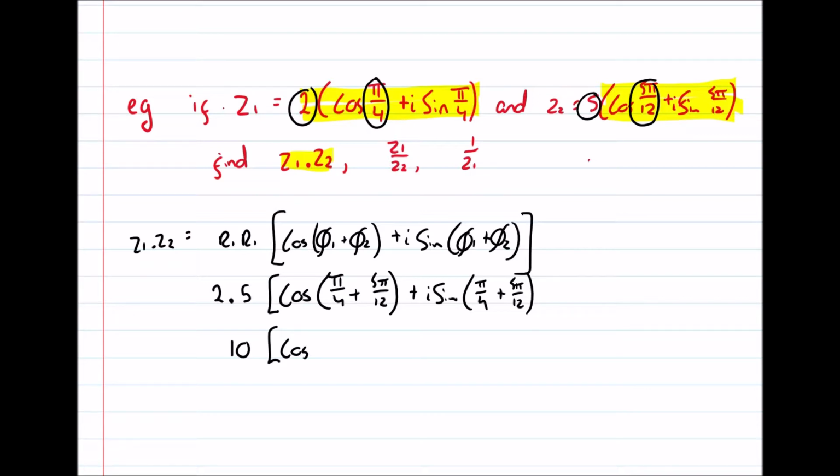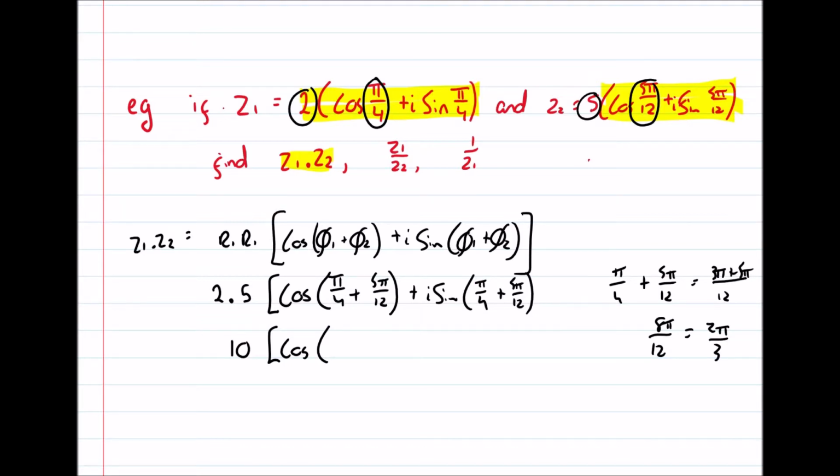We have cos. Now, I'll just do this out here. We have pi over 4 plus 5 pi over 12. Well, what would that equal? We'll need a common denominator anyway, which is 12. And 4 into 12 goes 3 times, so that's multiplied by pi, which is 3 pi, plus the 5 pi already on top, which is 8 pi over 12, which would simplify to 2 pi over 3.